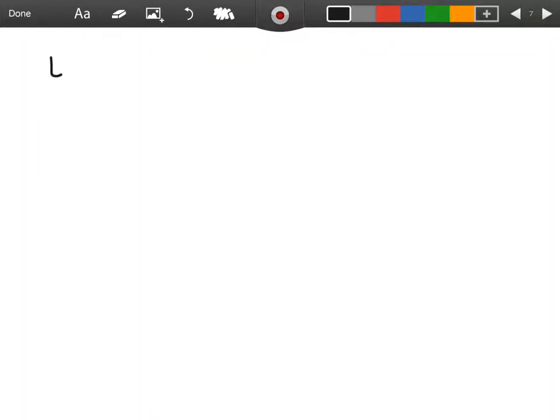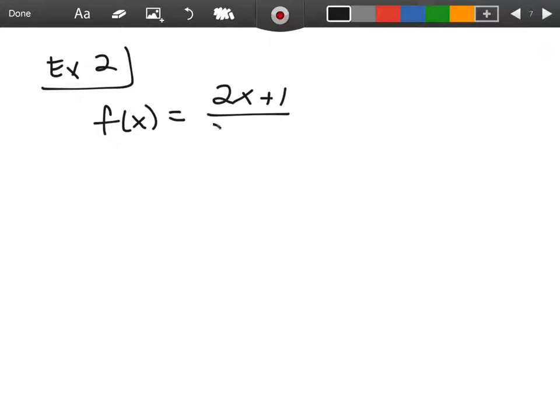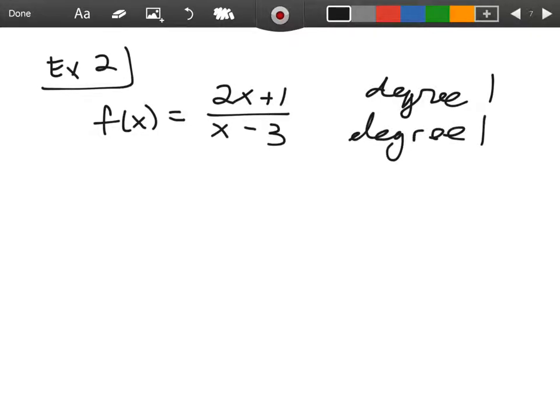Okay, let's do another example. So we have f of x is equal to 2x plus 1 over x minus 3. On top, we have degree 1. On bottom, we have degree 1.